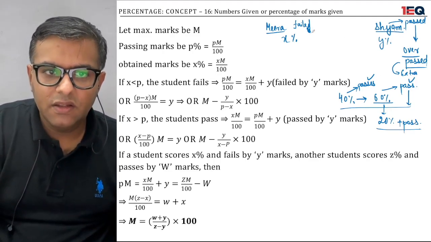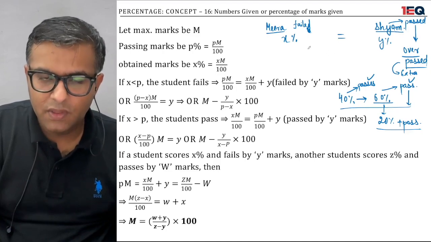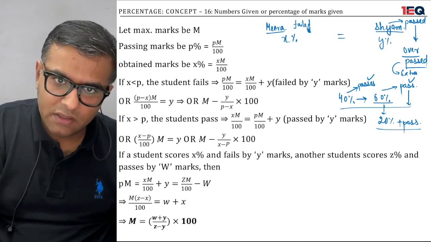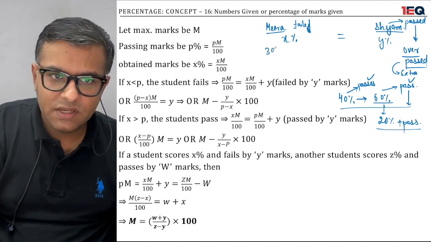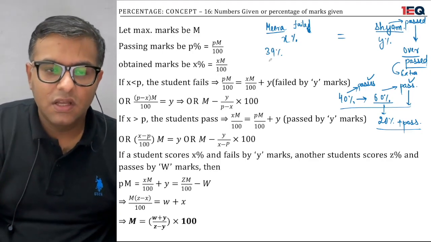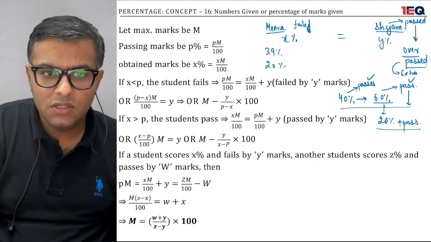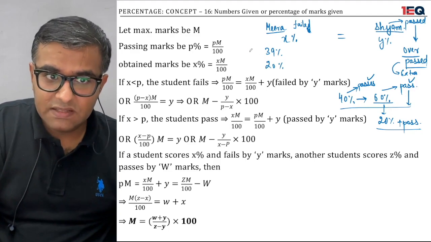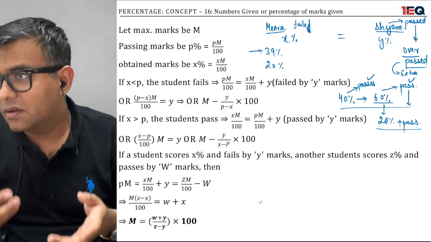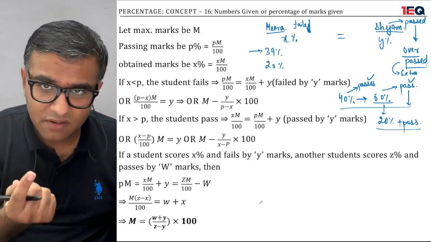So similarly, when I have to equate both of them, if Meera scores 39%, she fails. If Meera scores 20%, she again fails. If Meera is crying at 39%, I can tell her that there is no need to cry because you failed by 1 mark.